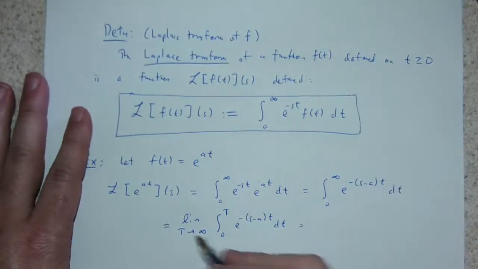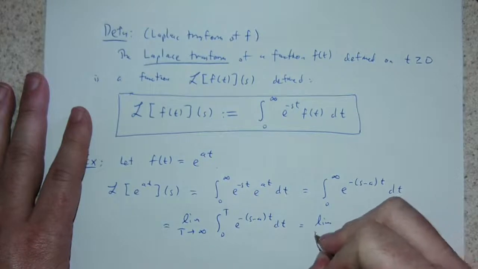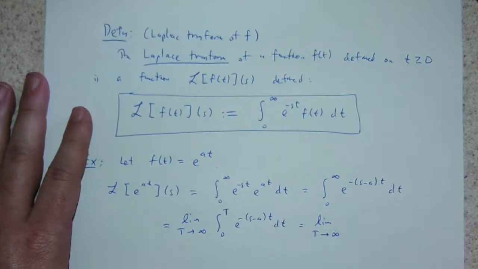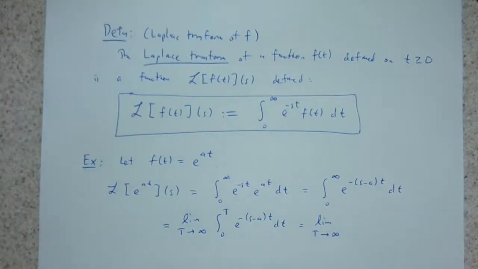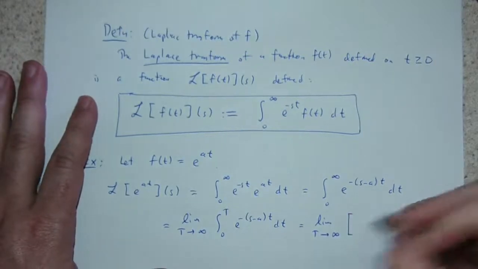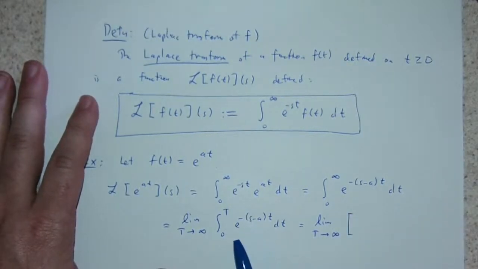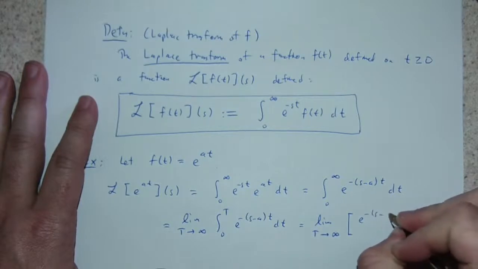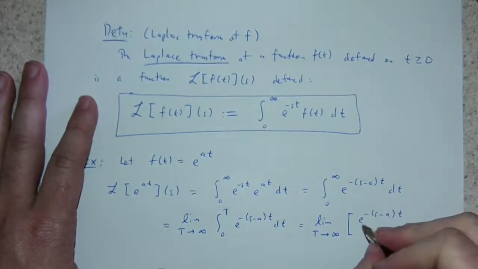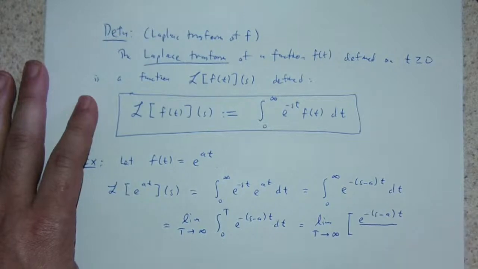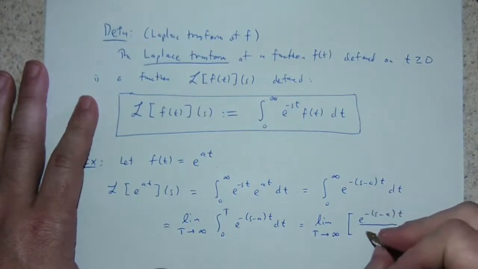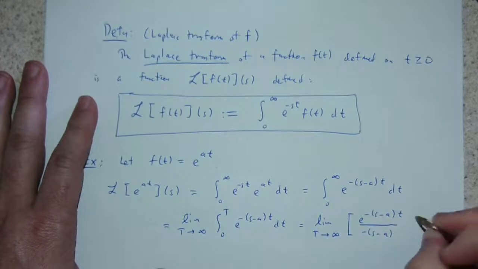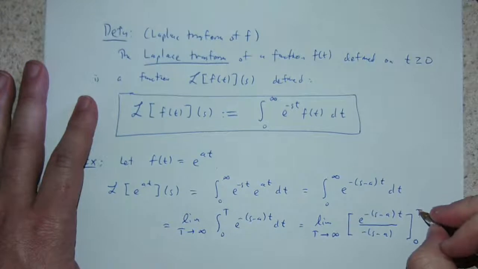Well, it is the limit as T goes to infinity of e to the minus s minus a times t over minus s minus a, evaluated from 0 to big T, right?